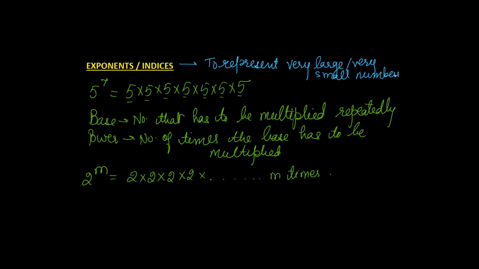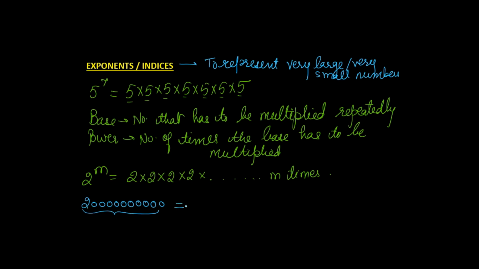Please remember that if we have to find the value, then we actually have to multiply. But if we have to represent it, we can represent it in a shorter form using the exponent. For example, suppose we have 2 followed by 10 zeros, and everywhere we would be using this big number.